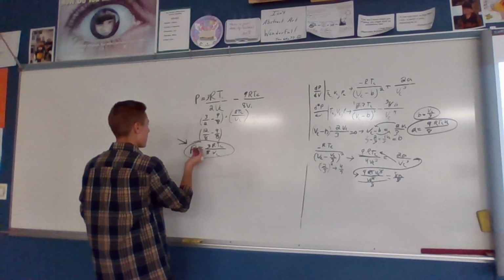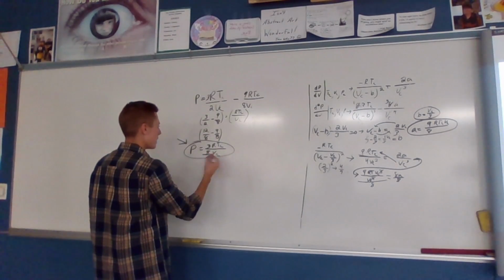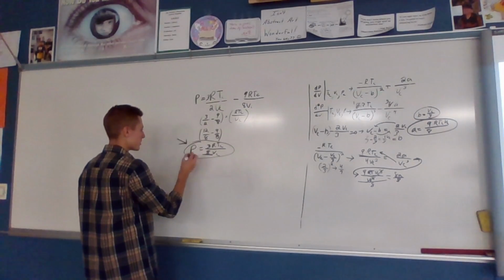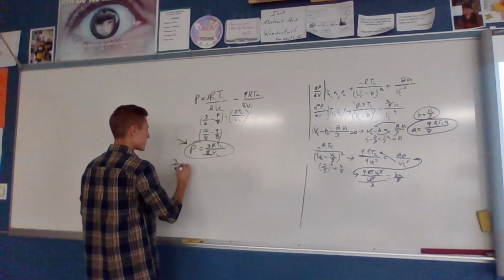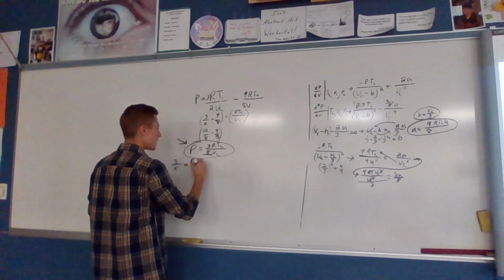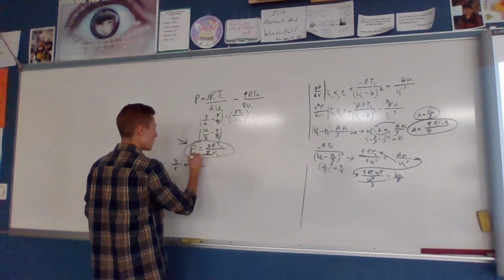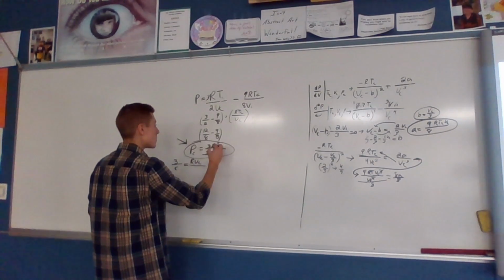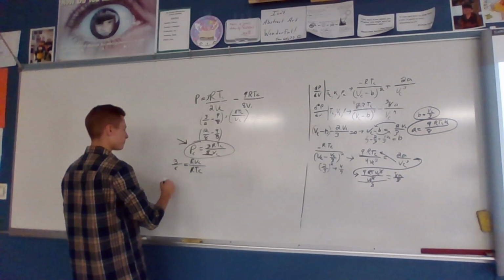So if we take 8/3, this is really our compressibility factor for a van der Waals equation of state. 8/3 equals P. Bring this to the top by multiplying everything: critical volume there, and then divide this on the bottom, R critical temperature.